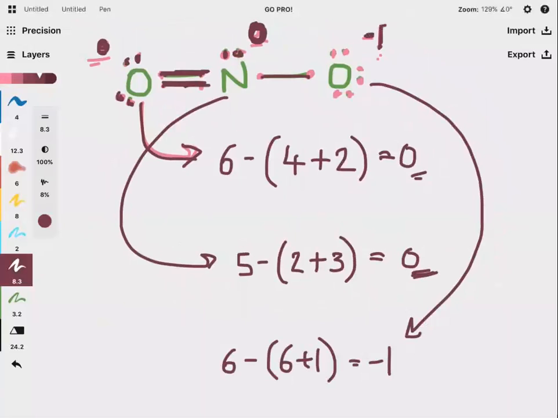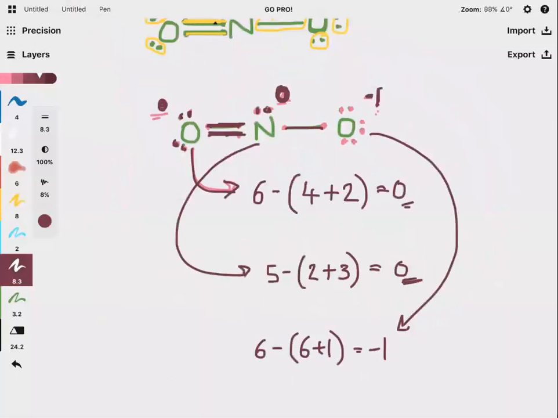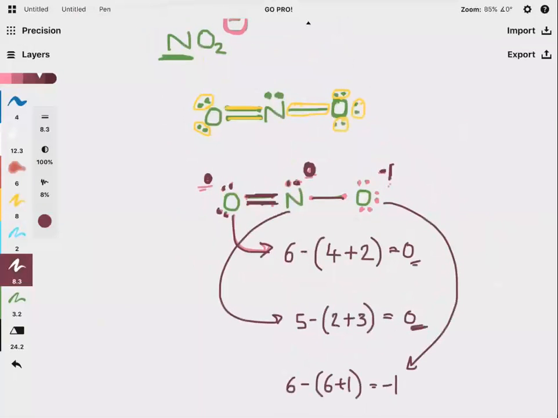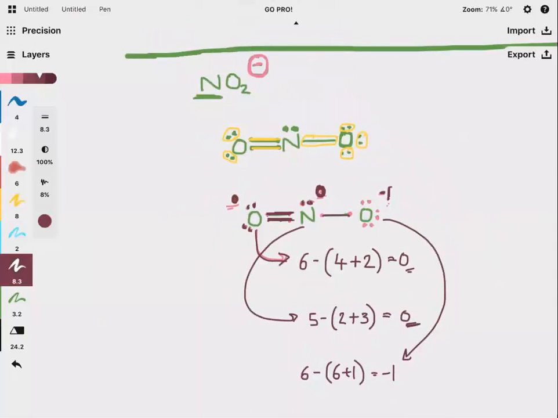So you can use this formula, or you can literally just count the stuff around the atom. So I would just say count. It's just so much simpler. But we went through this very systematically, and we discovered that the way we drew our structure was correct.